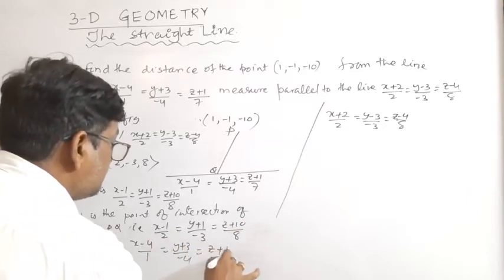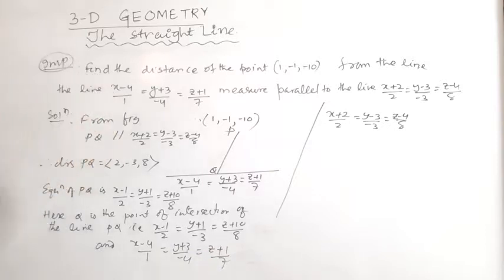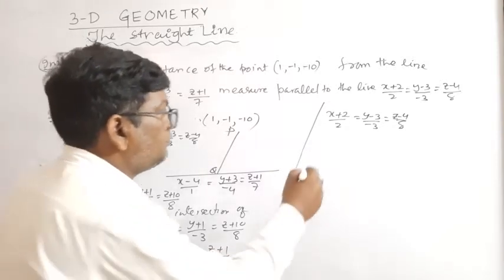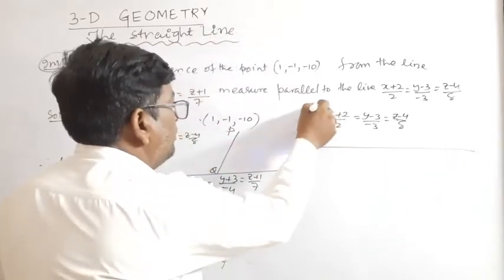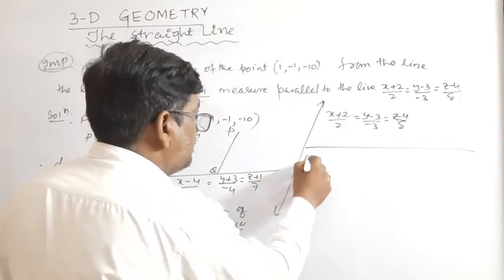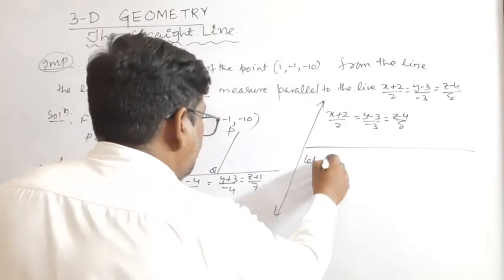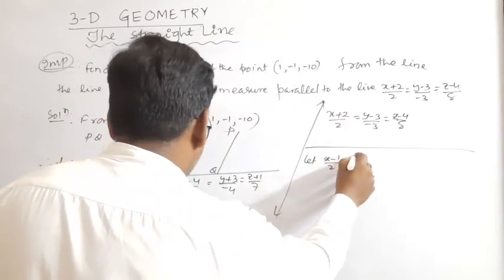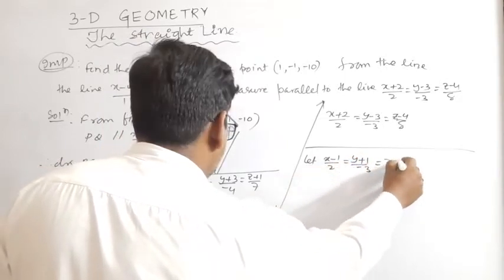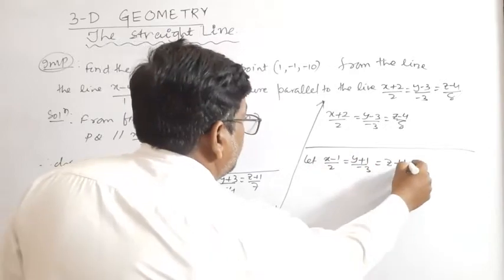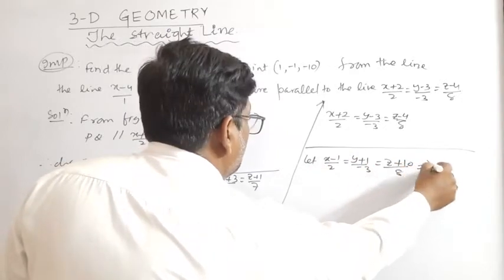So take the first equation equal to lambda. Let (x minus 1)/2 = (y plus 1)/(minus 3) = (z plus 10)/8 = lambda.